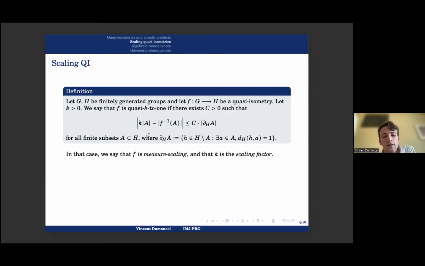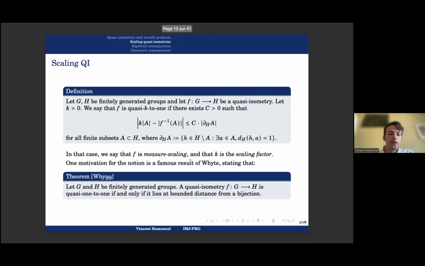And in this case, the real number k, so here k is a real number, it is important. It is not necessarily an integer. It can be 3 over 2 or 1/2, or really any strictly positive real number that you like. And it is what we call the scaling factor. Okay. And one other motivation for this notion is a famous result of Kevin White that explains at least partially the terminology.